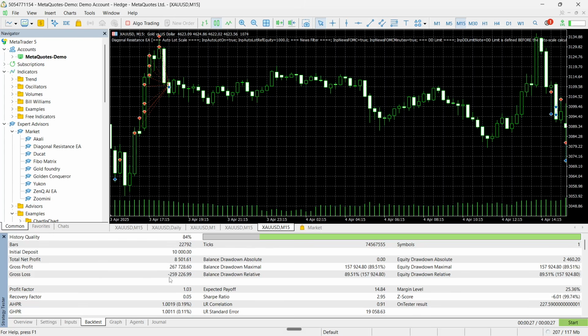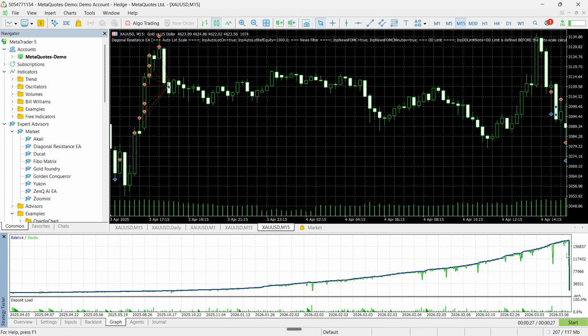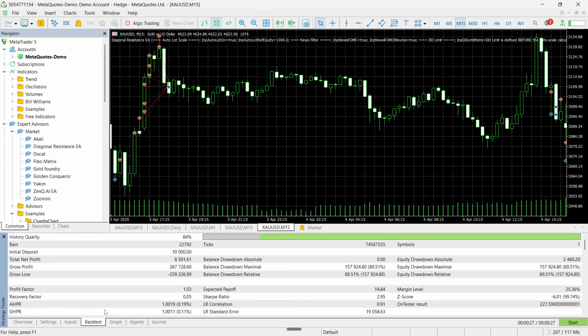But the gross loss ate away at most of those gains, as you could see reflected on the chart, where we had a gross loss of $259,226. That left the profit factor at 1.03, and the balance drawdown, which is actually quite alarming, at 89.51%. So you can see that happening here at this part of the equity curve, as also reflected in the results.